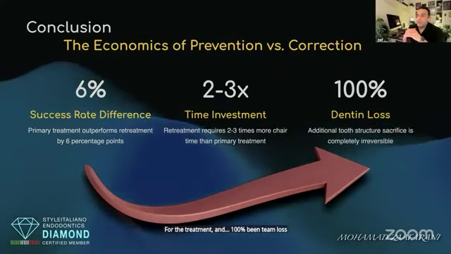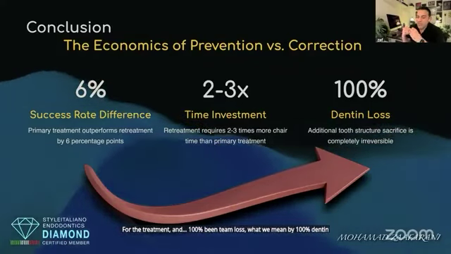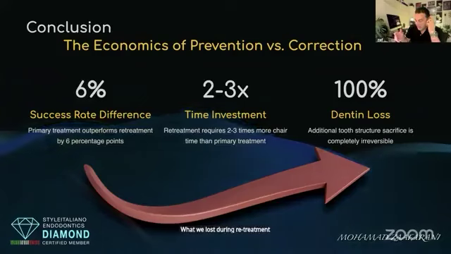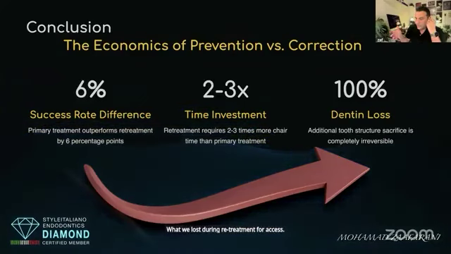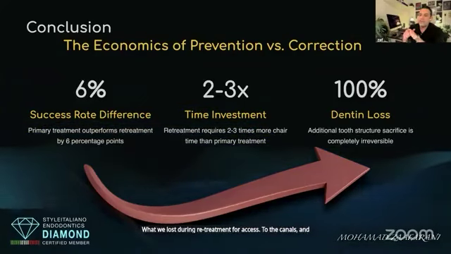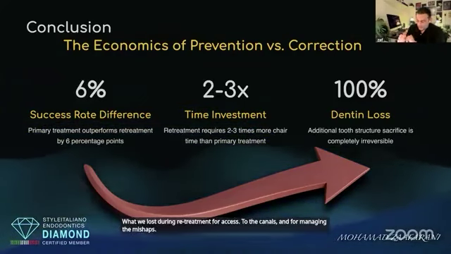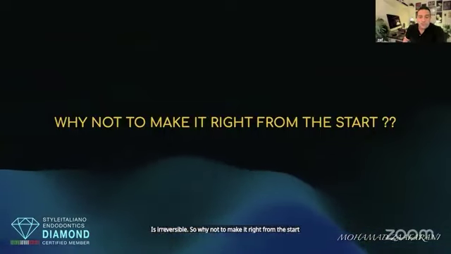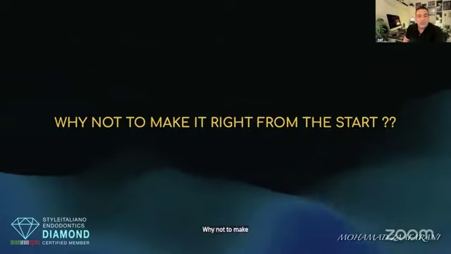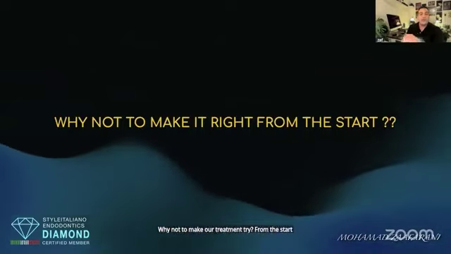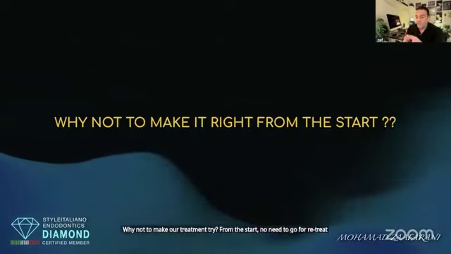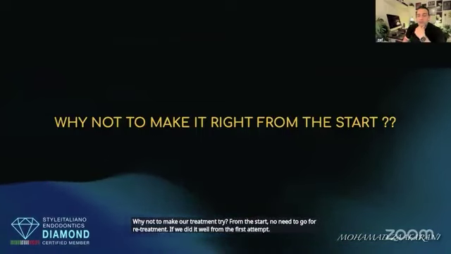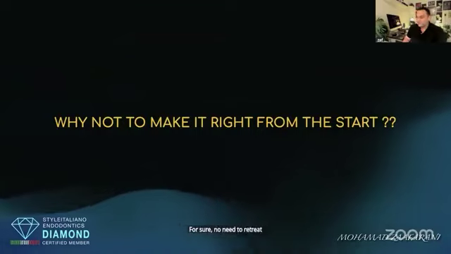What we mean by 100% dentine loss is that what we lost during retreatment for access to the canals and for managing the mishaps is irreversible. So why not make it right from the start? No need to go for retreatment. If we did it well from the first attempt, for sure, no need to retreat the case.